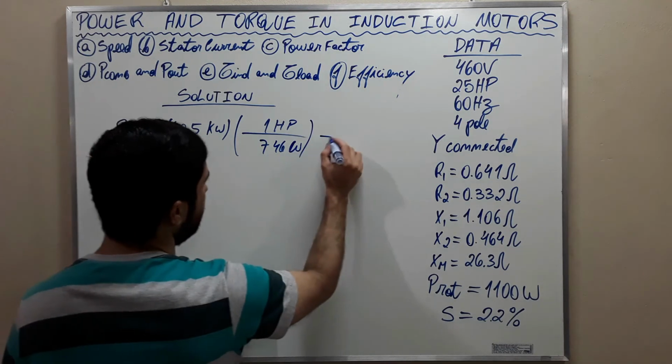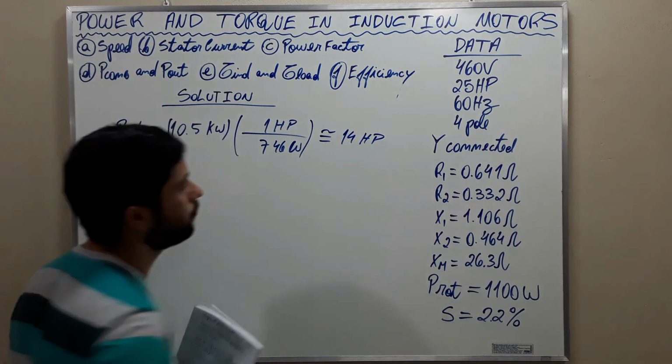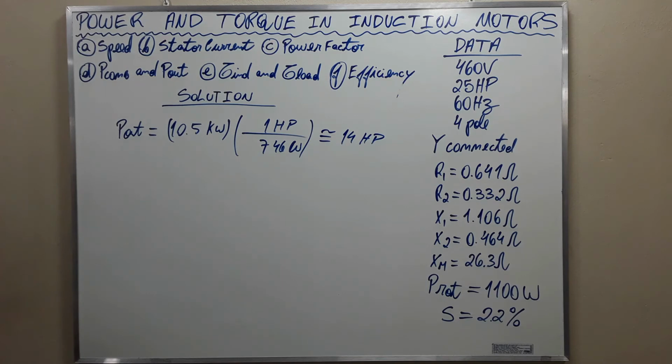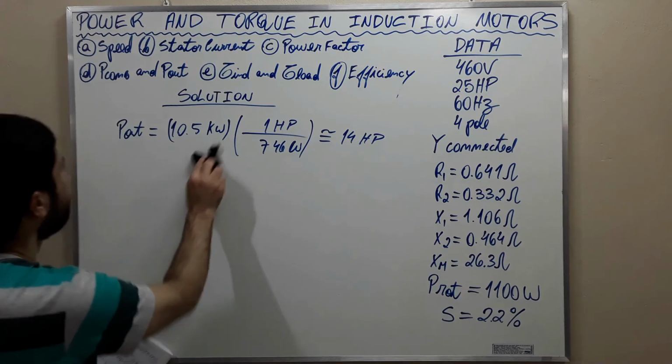And we find approximately 14 HP. Then with this result, we finish letter D. Let's go to letter E now.